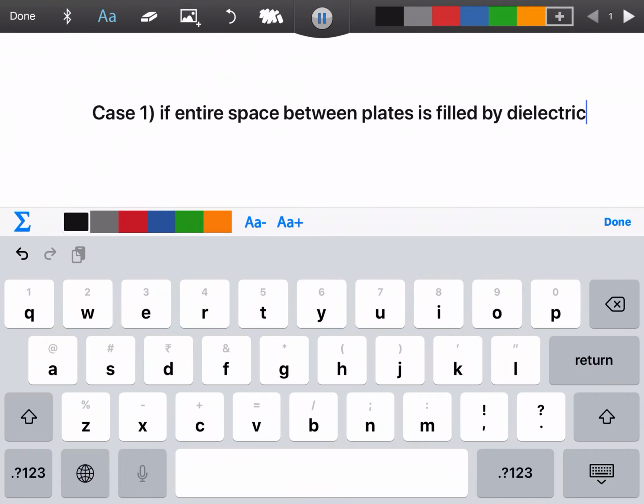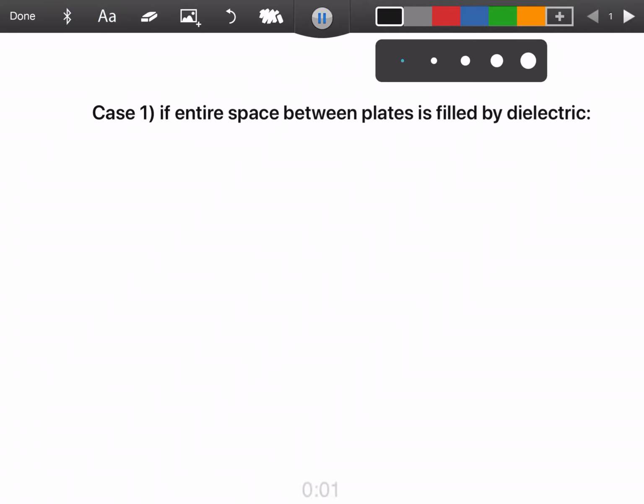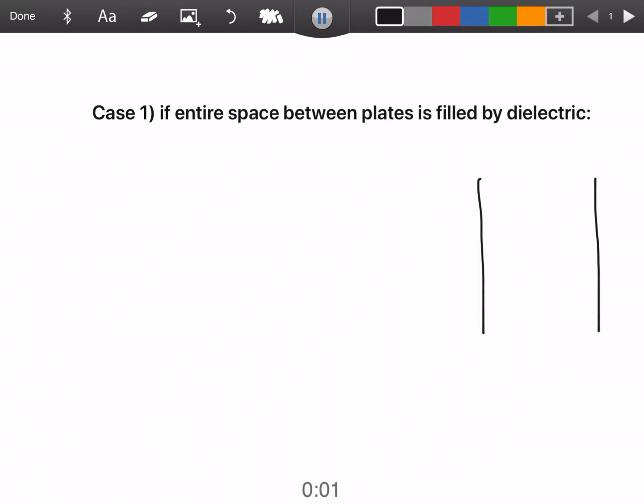If dielectric is filling the entire space, that means earlier what we did, we took a dielectric slab of thickness T. Now if instead of thickness T, the dielectric slab has thickness D, then what will happen?